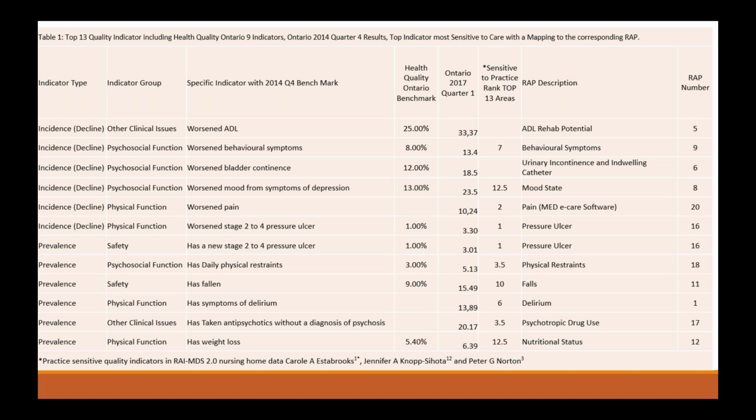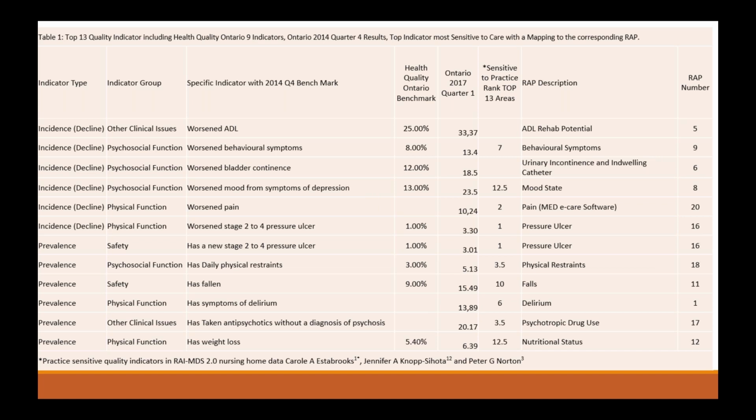So we're going to look at these pressure ulcers and see what is the role or the implication for pressure ulcers. Now the next item I want to show you here is sensitivity. That is Carol Estabrook, and you can see the reference here at the bottom, and company from the University of Alberta conducted a study in which they looked at the 35 QIs from the MDS or the CCRS, depending on how you term it, and they asked which of these items nursing care can have the most impact on?